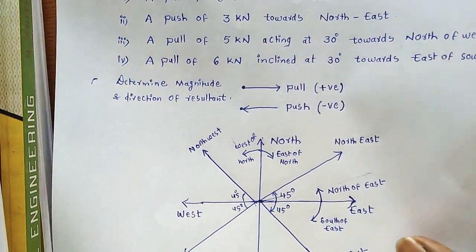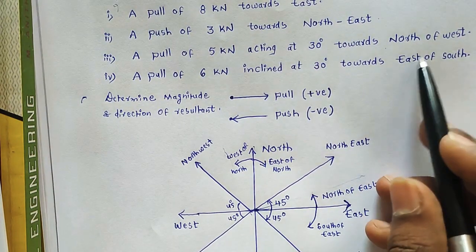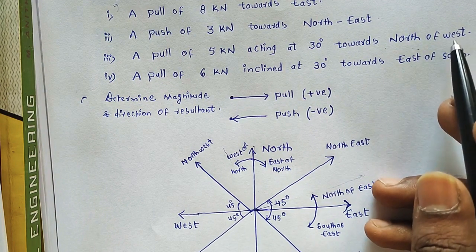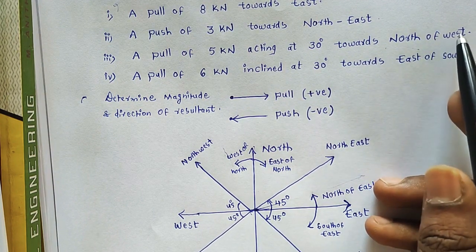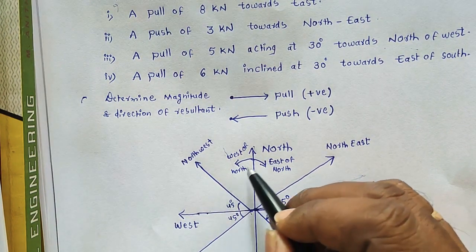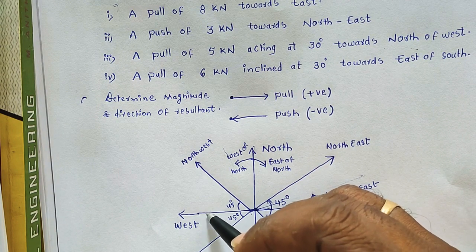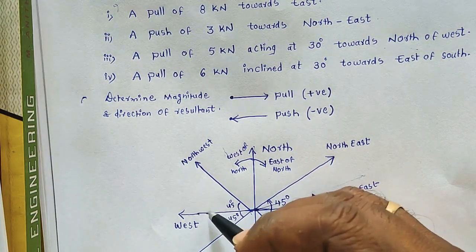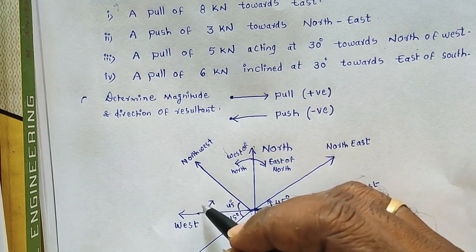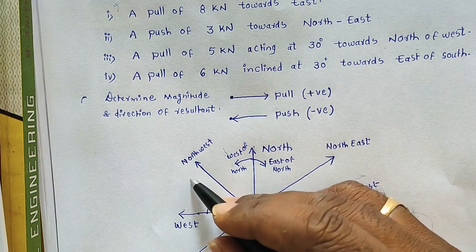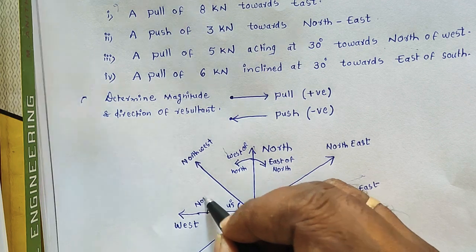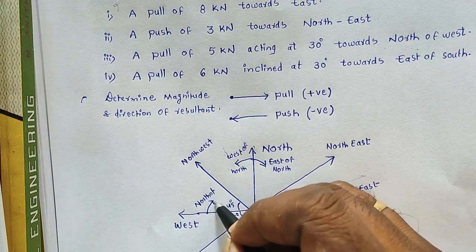So in our problem it has been given acting at 30 degrees towards north of west. So north of west means first we have to consider west. So this is west. North of west means west direction is towards this side. So you have to draw a force here. So this direction indicates, so here the included angle, so some 30 degrees. With 30 degrees you have to draw a line here. So this indicates north of west.